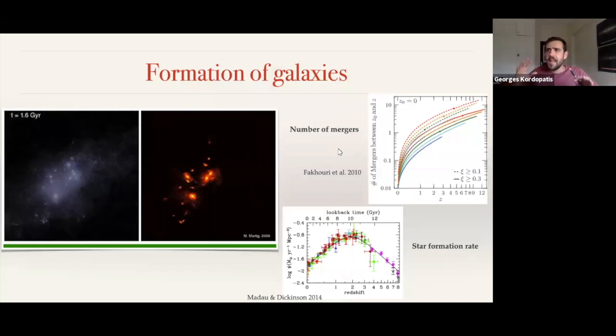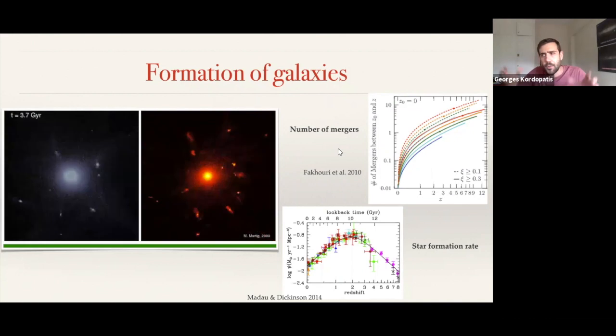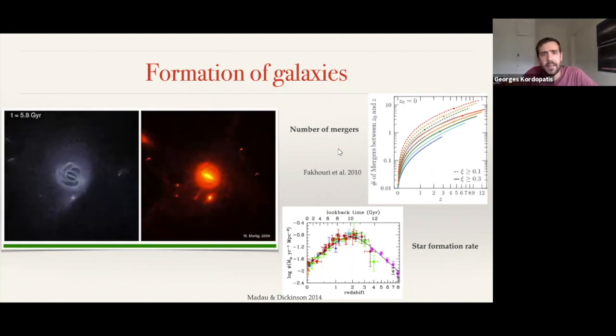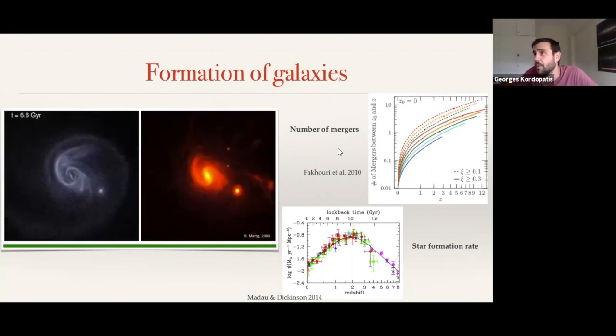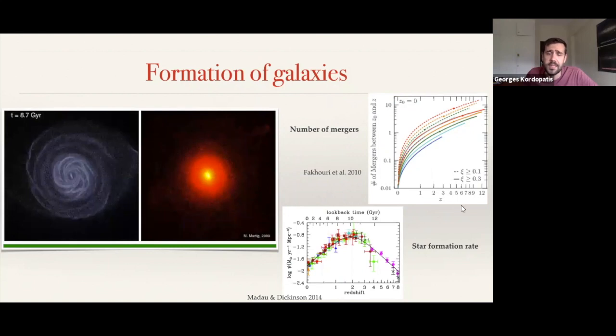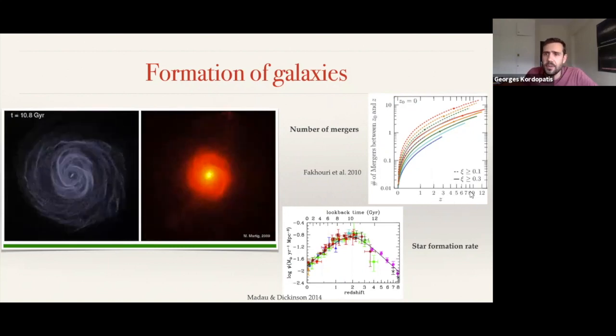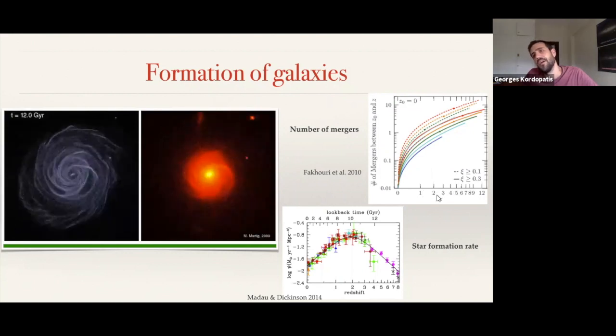So in a lambda CDM universe, it is believed that structures are growing through the accretion events of smaller satellites. And it is believed also that the Milky Way has been formed like that. Based on simulations, what we see is that the accretion history in the universe is a decreasing function of time.